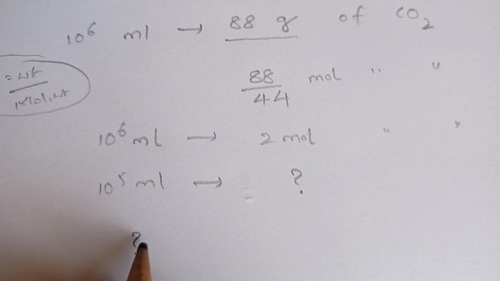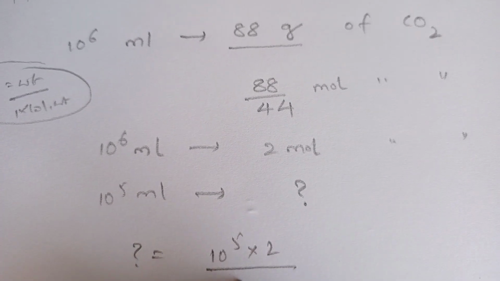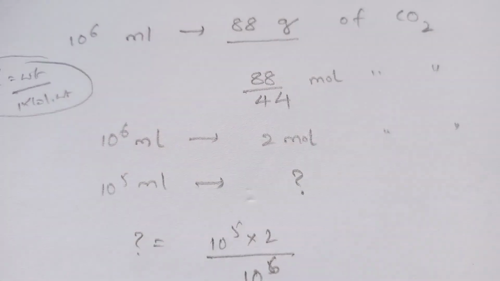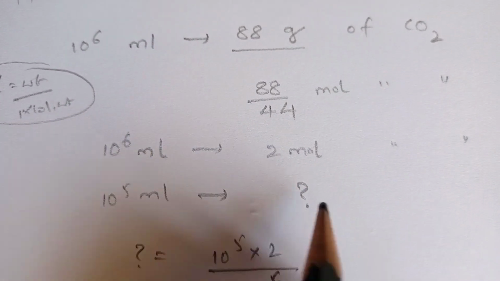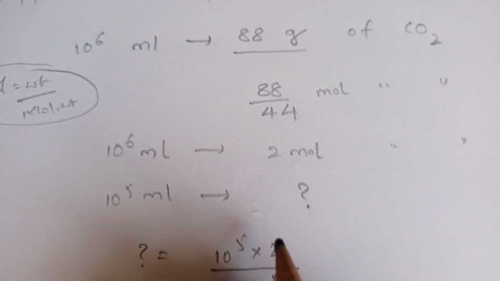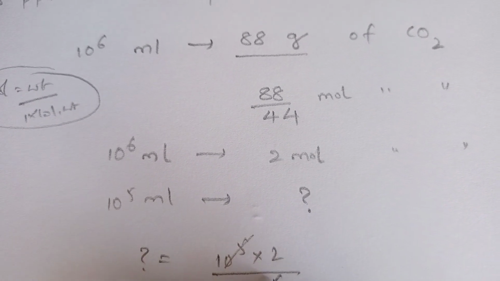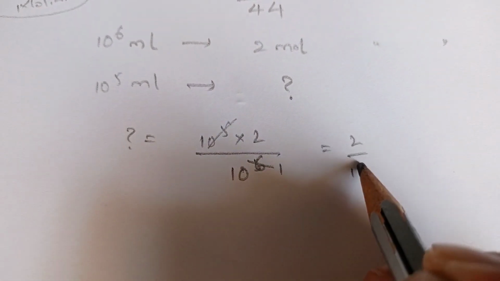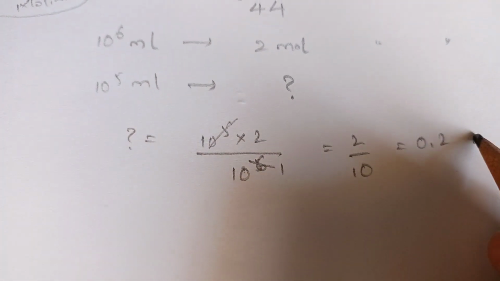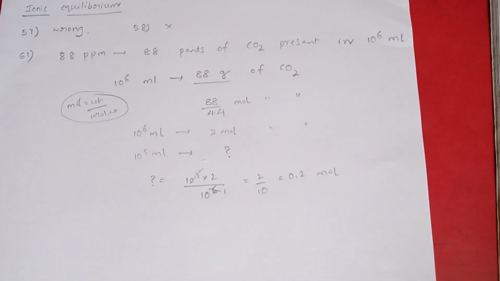Question mark is equal to 10 to the power of 5 into 2 by 10 to the power of 6, by cross multiplication. So 10 to the 5 cancelled, 2 by 10, that is 0.2 moles. Okay? Are you clear up to this one?